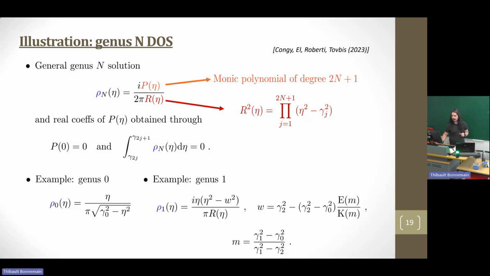But for example, here with the genus 0 density of states, which is rather simple, you can see it's just the derivative of the circle. And here is genus 1. You see that already things get a bit more complicated because here it involves a ratio of complete elliptic integrals. So already genus 1 is pretty complicated, but we know in general how to solve this.